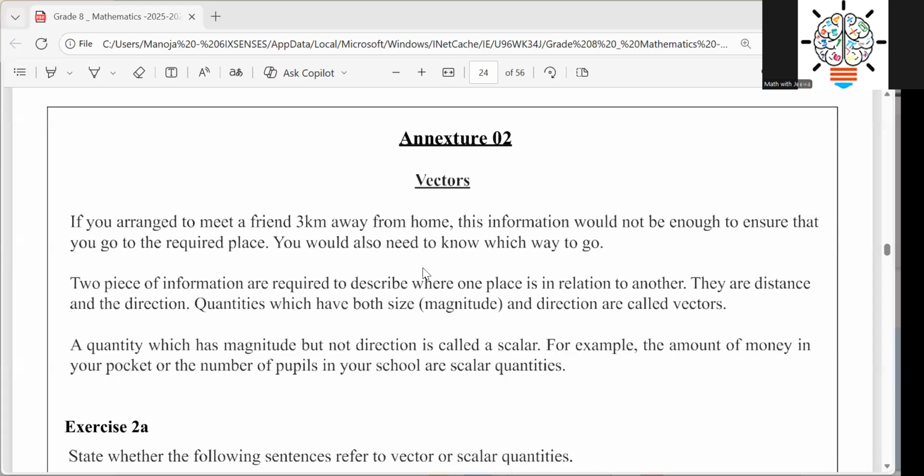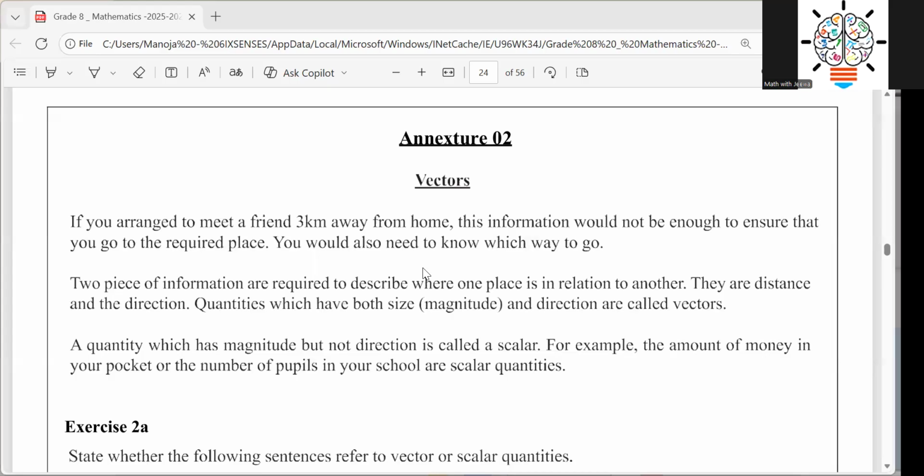So those kinds of quantities we name as scalars. And for some quantities, if you say only the magnitude, it doesn't give you any meaning. For example, let's say one of your friends has come to Kandy town, and you are in the Katugastota area.